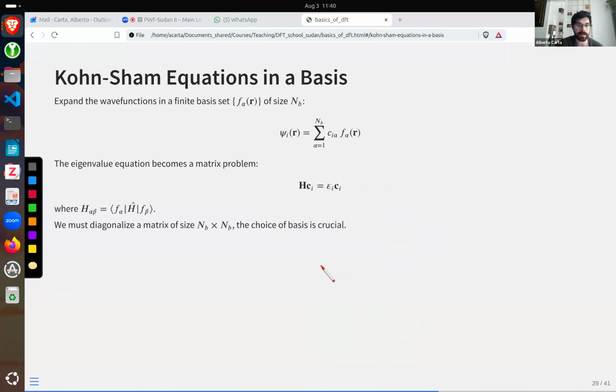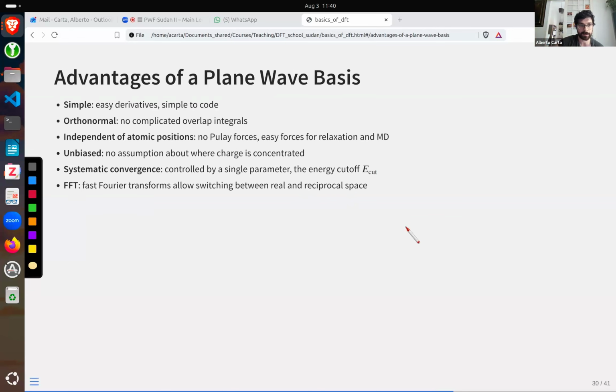Okay, so the idea for us would be to expand the wave function in some basis, and then compute the eigenvectors and eigenvalues in this basis. So the choice of basis in this case is crucial. This is where, again, various DFT codes will vary. So Quantum ESPRESSO uses the plane wave basis.